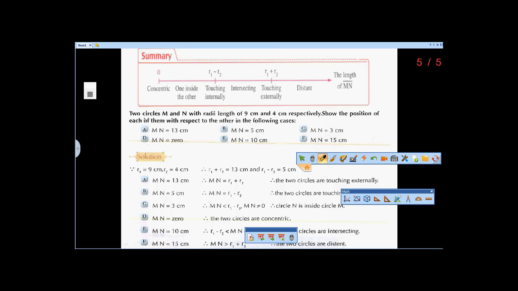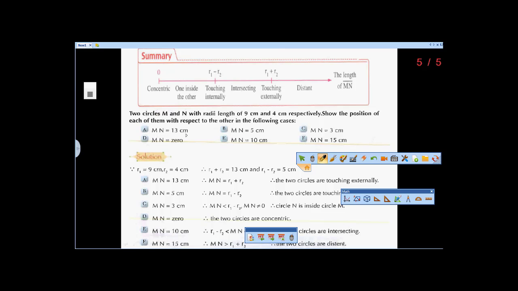Let us see this exercise. Here I have two circles M and N with radii lengths 9 cm, that's R1, and R2, which equals 4. Show the position of each of them with respect to the other in the following cases. Here I have MN is equal 13.